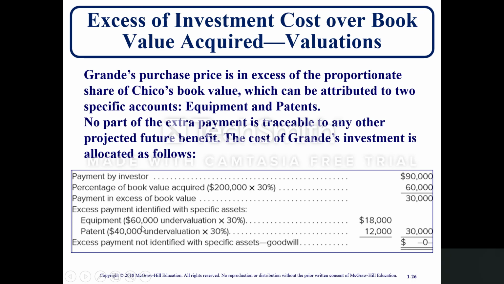Here you have the equipment, $60,000 undervaluation, and the patent, $40,000 undervaluation. So 30% of both of those items equals the $30,000. And here you have excess payment not identified with specific assets, such as goodwill, which was 0. This little schedule helps you compute the excess.